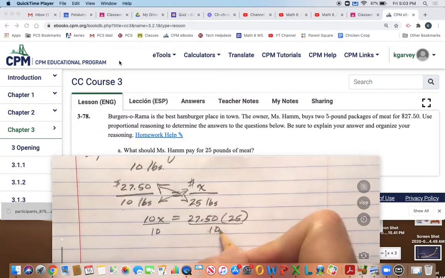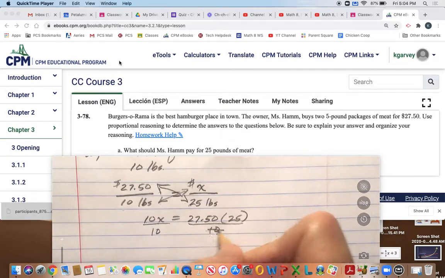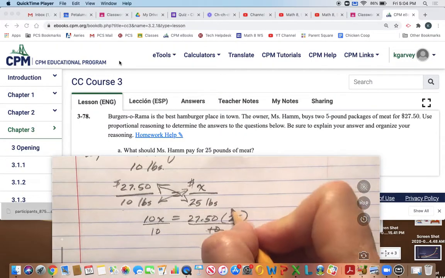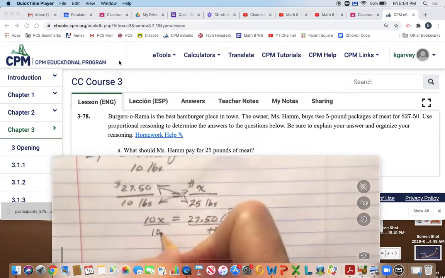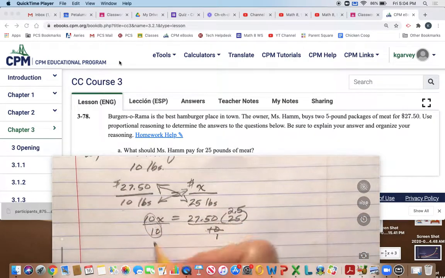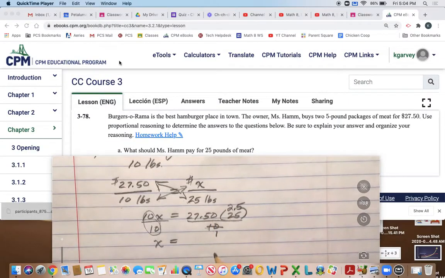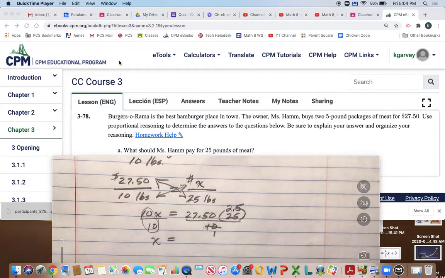So if we divide by 10, 10 divided by 10 goes in once. 10 divided into 25 is 2.5. All right, so over here we've got a giant 1 times x, and so that's just x. And over here we'll multiply 27.50 by 2.5. I'll pull out my calculator.